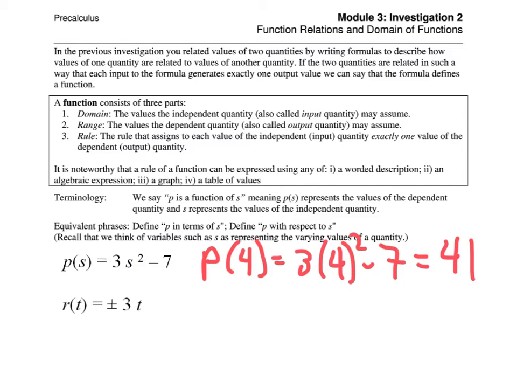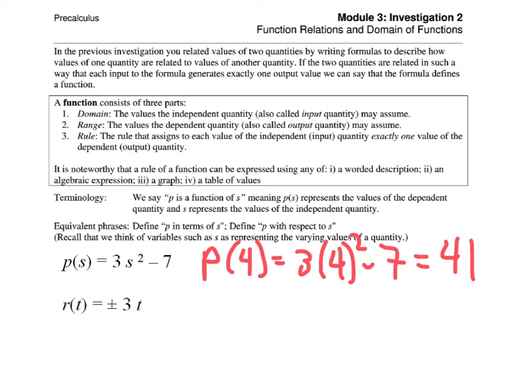Now consider R in terms of t. According to the definition, R of t equals plus or minus 3 times t. Here, t is the independent quantity. R of t is the output quantity, or the dependent quantity. And the rule is plus or minus 3 times t.